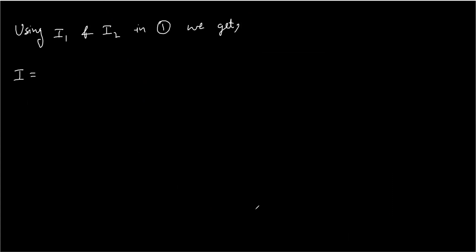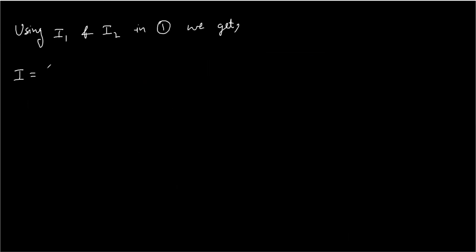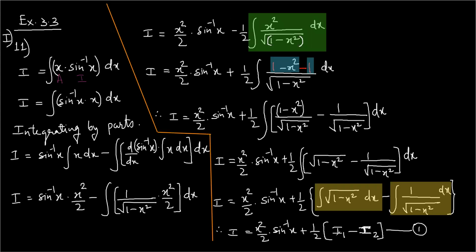I equals to, you remember what it is? It is x square by 2 sine inverse x plus 1 by 2, and inside the bracket you have I1 minus I2. And what was I1?